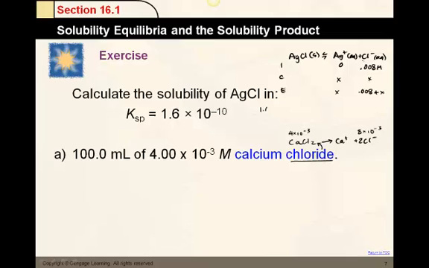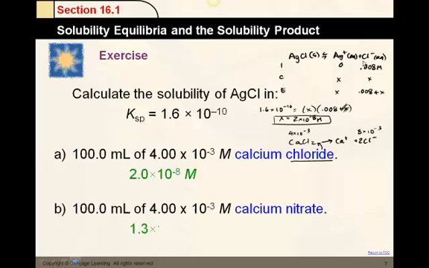So 1.6 times 10 to the negative 10 is equal to X times 0.008 plus X. Because the value we're going to get for X is so tiny compared to 0.008, I'm going to cancel this number to make the solving easier. And when we do, we should get 2 times 10 to the negative 8 molar, and that's what I got. Just what they got.